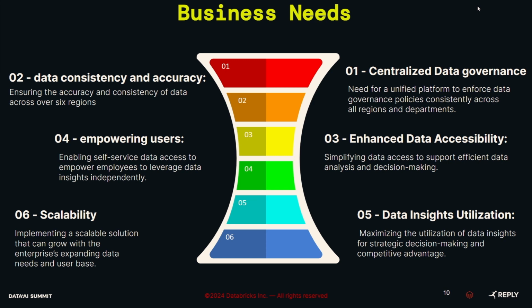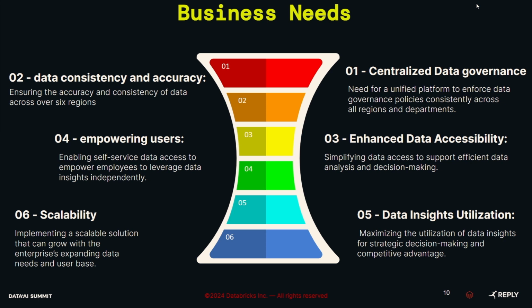And then the scalability. CNH being a multinational company with hundreds of users and many different use cases, it is important that the platform and also the data governance policies are scalable as the need of the company and also the user need. To these business needs, I want to add two more.